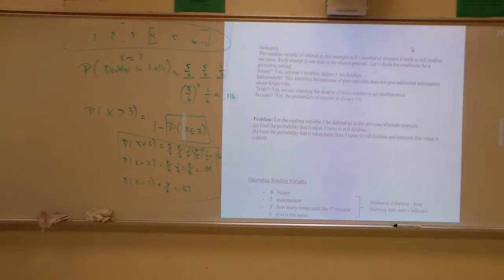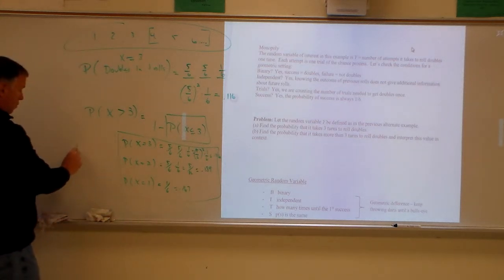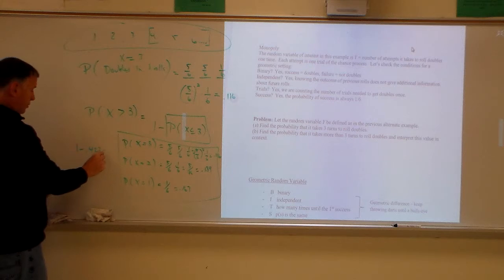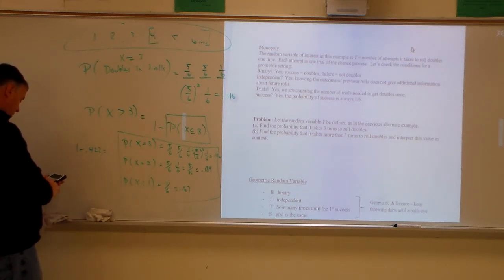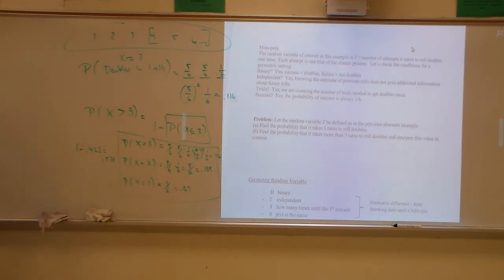So I take my 0.167 and I add it to 0.139 and I add it to 0.116 and I get 0.422. So 1 minus 0.422 equals 0.578. Okay? Hopefully that makes sense.